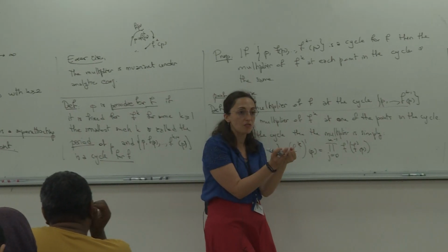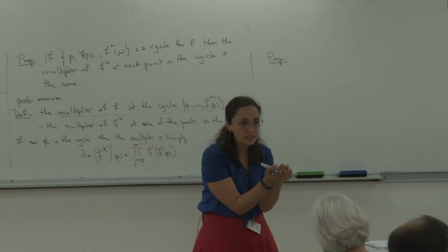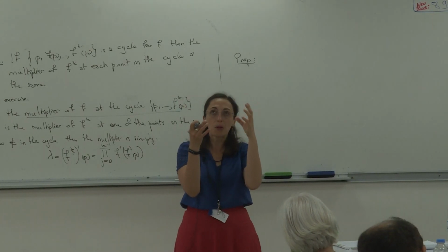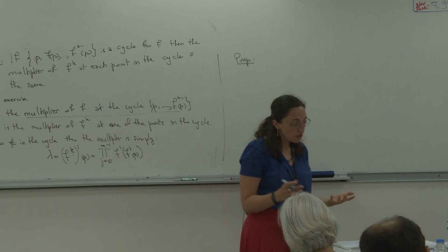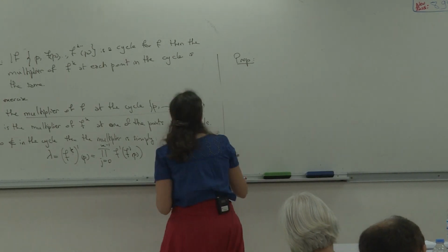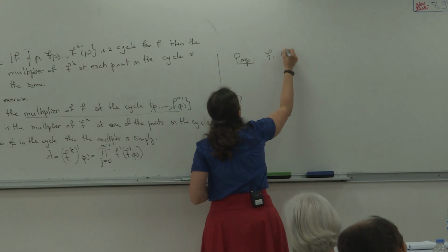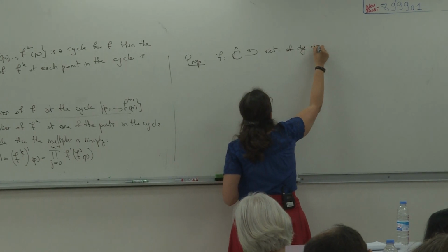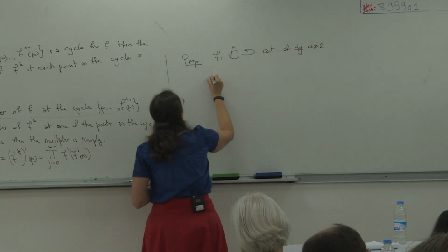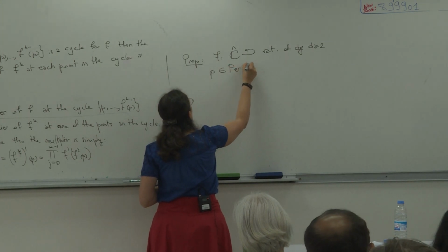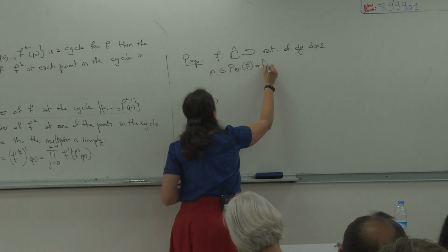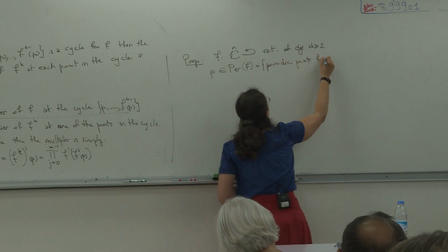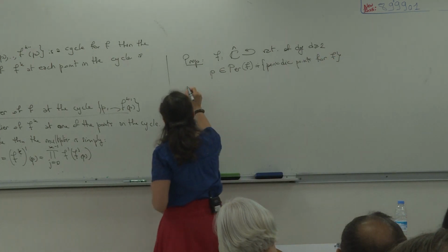For example, if I give you an attracting fixed point, is it going to be in the Fatou set? If I give you a repelling fixed point, where is it going to be? In principle, one could guess, and actually what you would guess is the good thing. So if you take f, a rational map of degree at least 2, and p, a periodic point, so this is the set of periodic points for f, then you have the following.